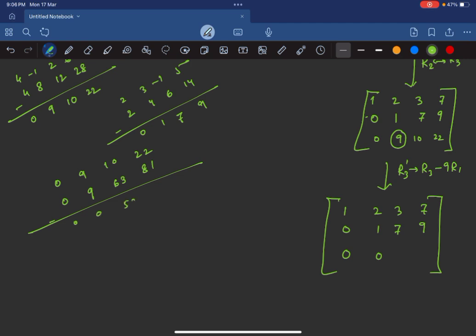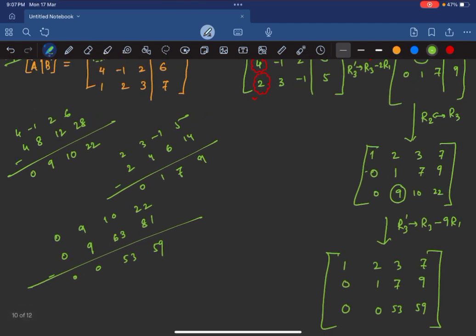So subtract: 0 0, here 53, and here 81 minus 22. So if you are getting this, just do the calculation. I think it is correct, yes. So here you are getting 53 and 59. Is it correct? You should check the calculation. The previous calculation, I guess, is correct.